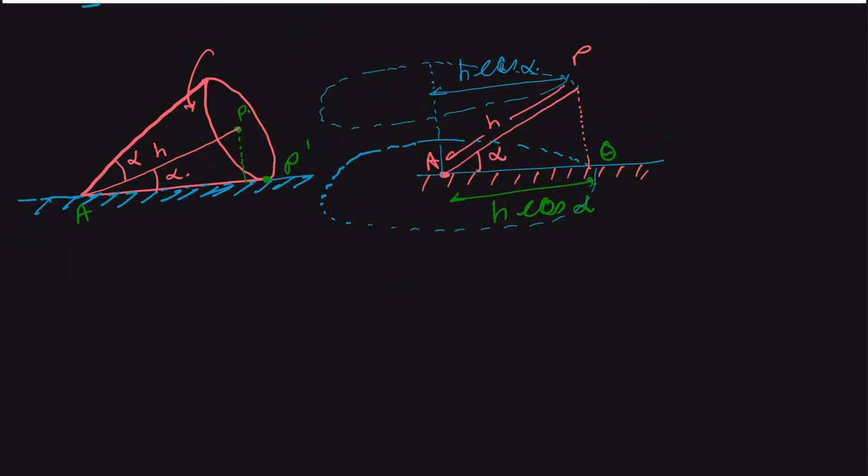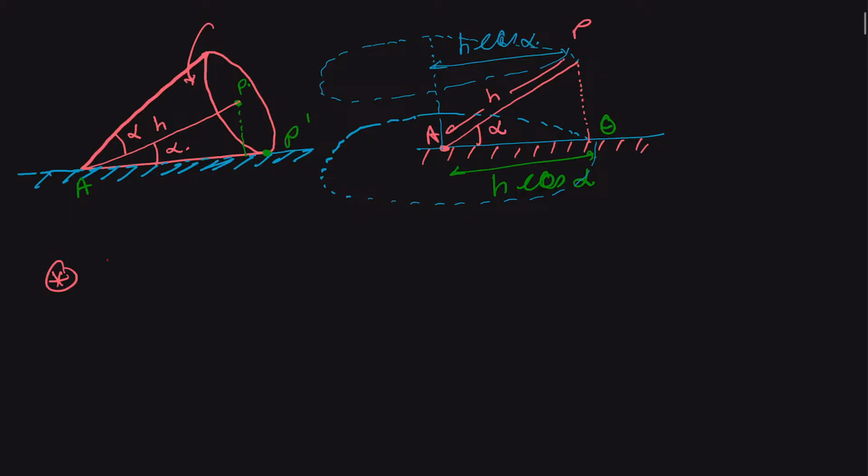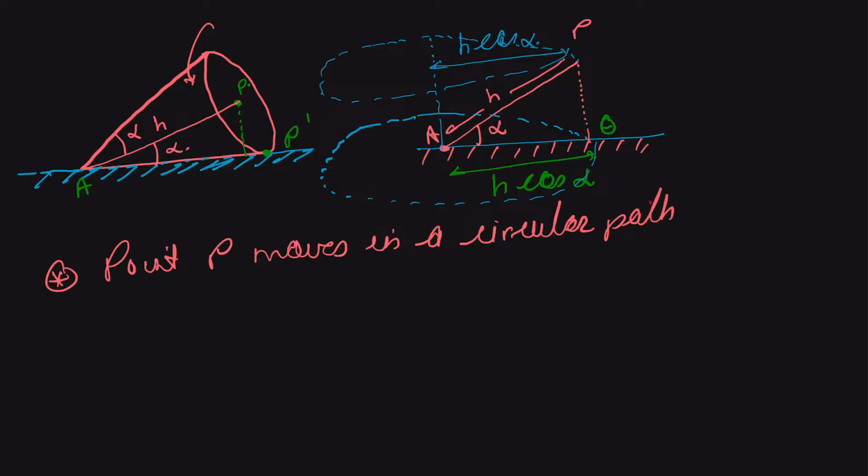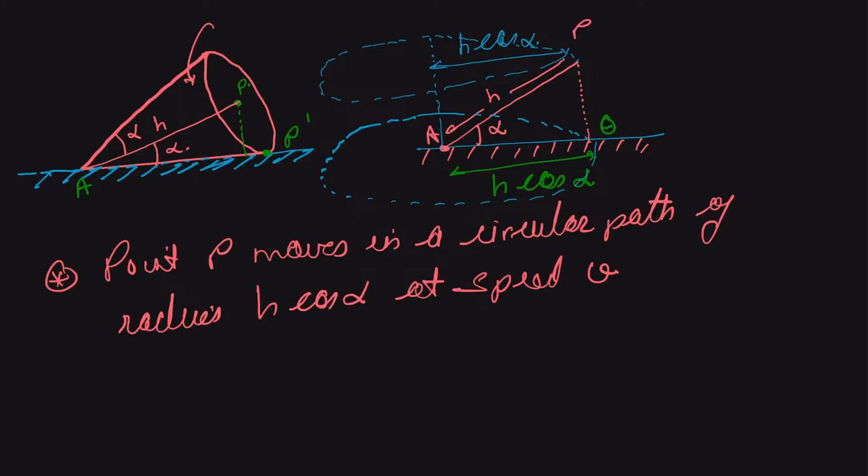So we can say that point P moves in a circular path of radius h cos alpha at speed v, that is mentioned in the question.